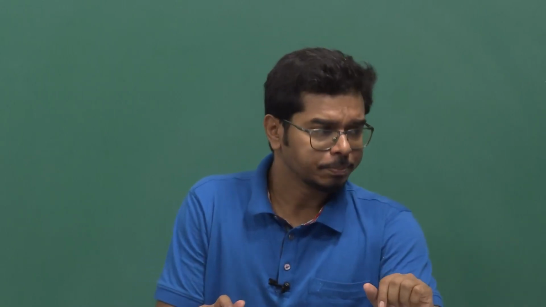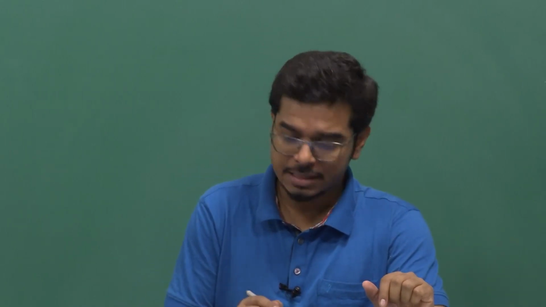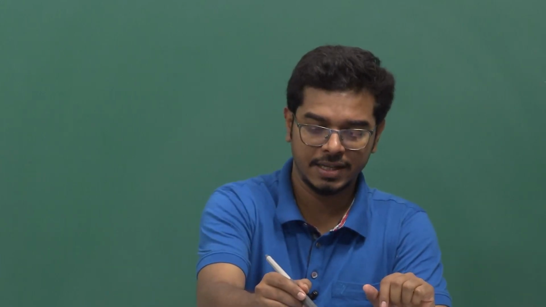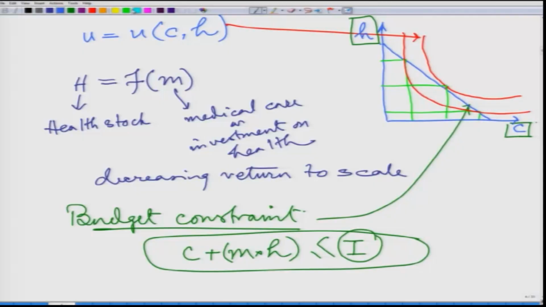So whenever my budget improves, my income improves, the budget line shifts outwards, and what happens to my preference?